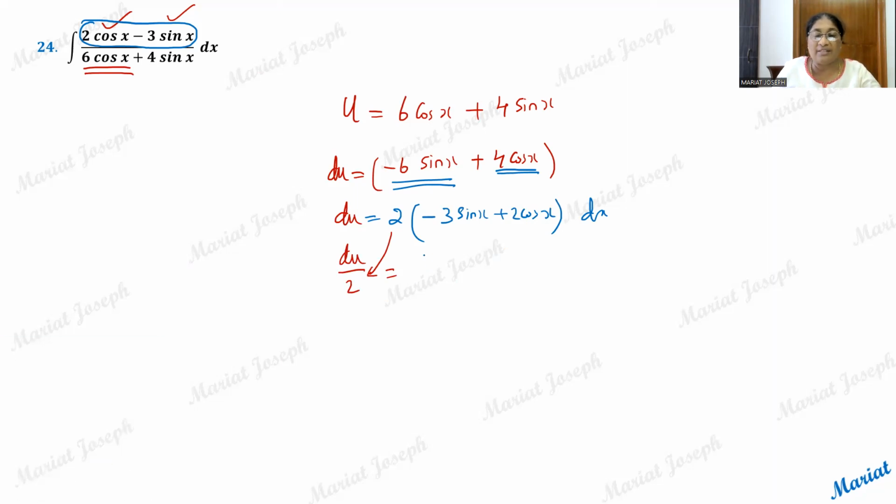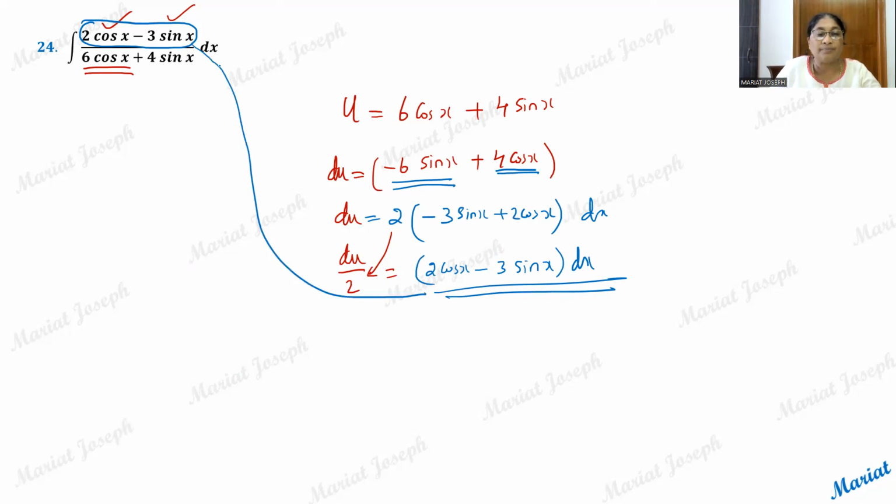No harm if you write the first term first and the negative term second. That is 2 cos x minus 3 sin x dx. Look, this whole thing is already given here. Therefore, we can rewrite it as, can you say, Kushi, what you will rewrite it as?